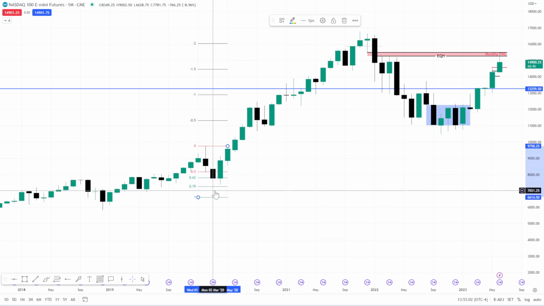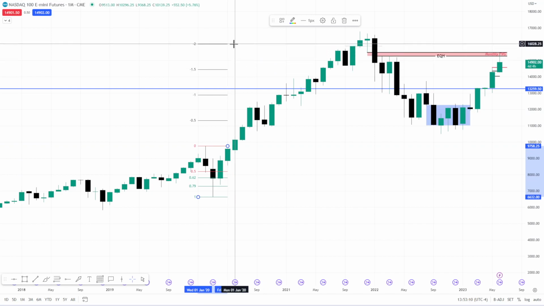This was the COVID. Okay, so the COVID manipulation leg, and we're at two. So it pretty much hit two fib projections.